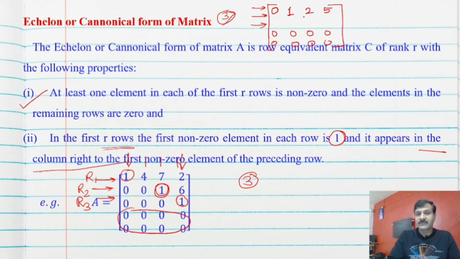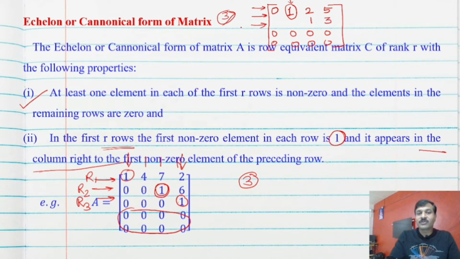Now in the second row, it is compulsory that the first non-zero element is present in column 2. So here it is present, maybe 3.